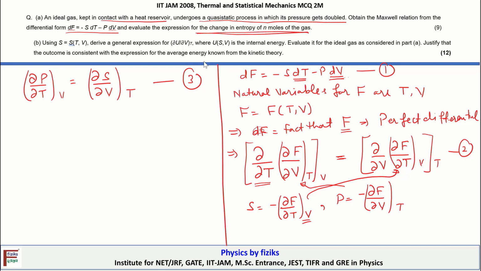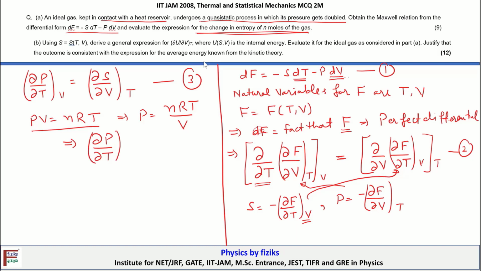Now for n mole of ideal gas we can write PV equal to nRT, and from here P is equal to nRT by V. So this implies ∂p/∂t, keeping volume constant, is equal to nR by V. Let's make use of equations 3 and 4.